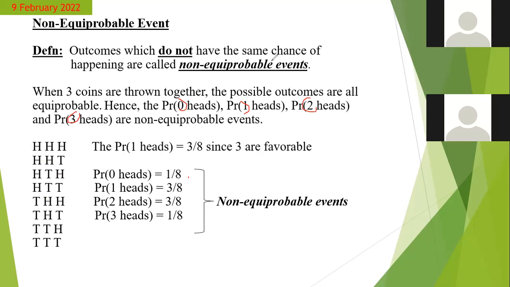So they are non-equal probability events. So that's what we're defining. Non-equal probability events are outcomes that don't have the same chance of happening. So they do not have the same chance of happening. And so these events are non-equal probable events. Is that clear, guys?